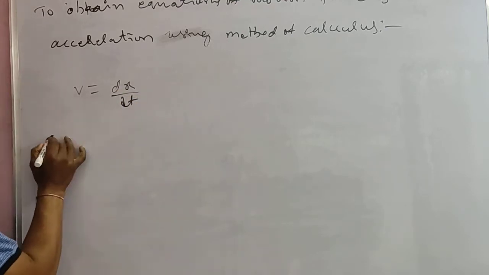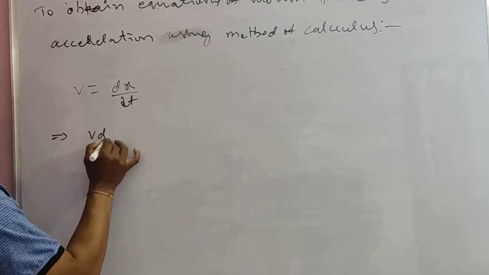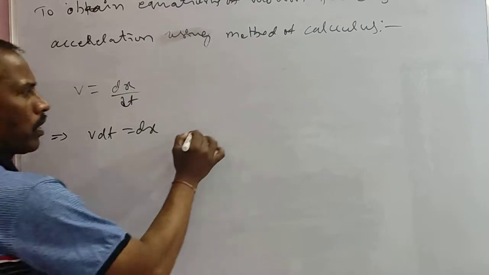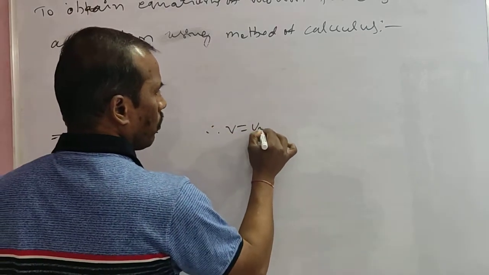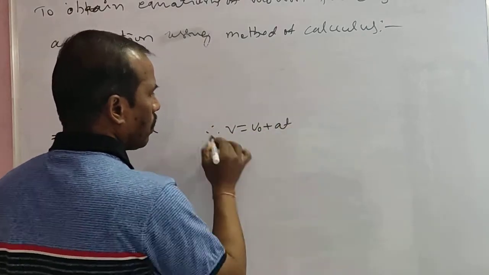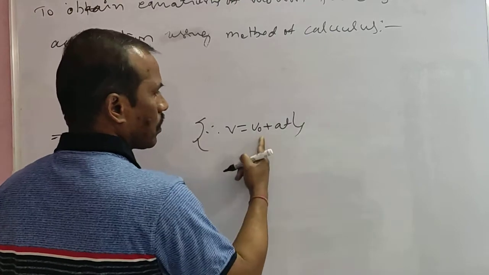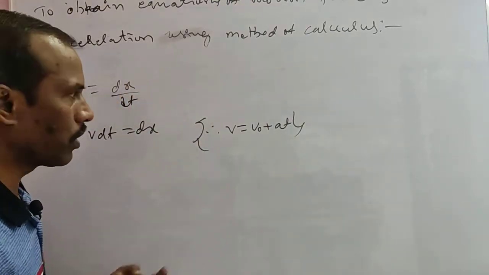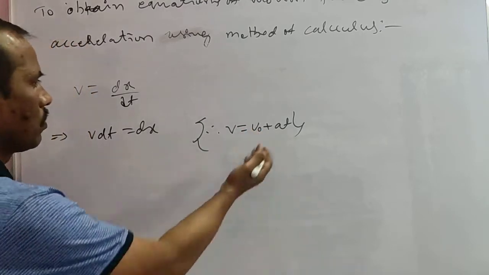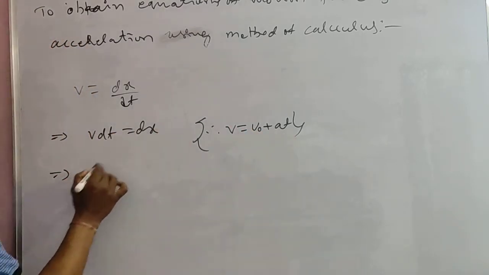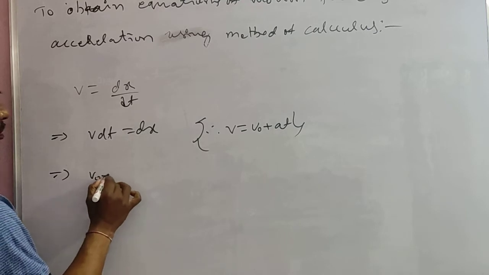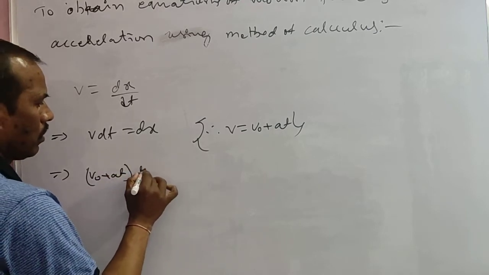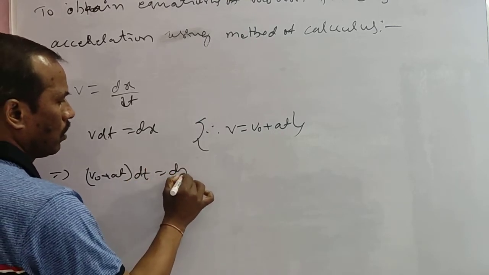Now v dt is equal to dx, but v is equal to v naught plus at. This is the first kinematic equation, v is equal to v naught plus at. So substituting, v naught plus at, and dt is equal to dx.